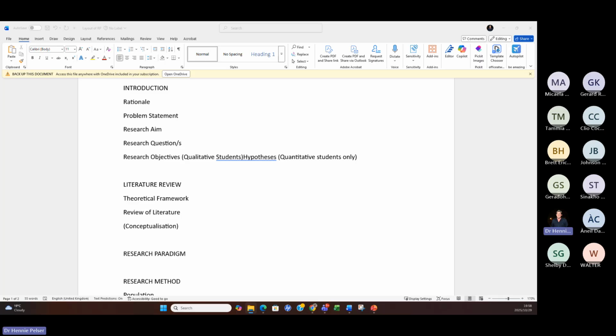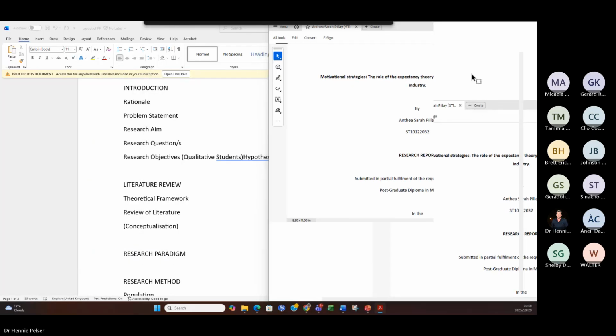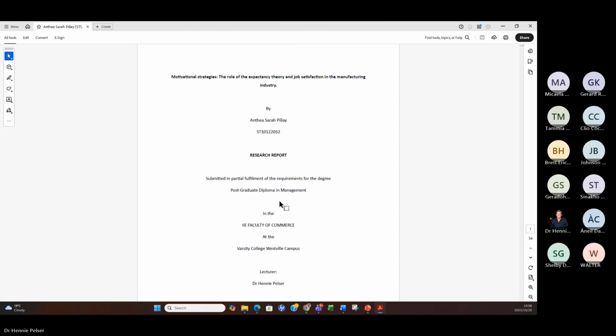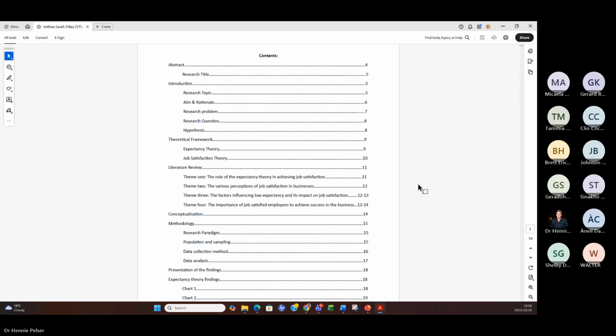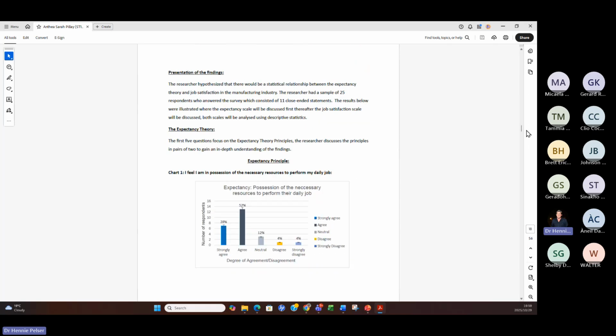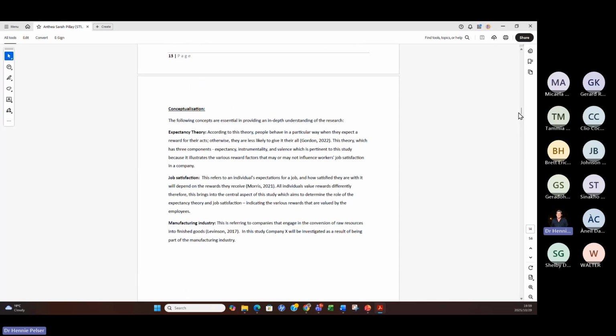Let's just take Sarah's or Anthea's. You see, she's put in conceptualization on page 14. I think that's why it's there in brackets, but I will verify. I don't want to make new work for you. That's an example of a conceptualization.